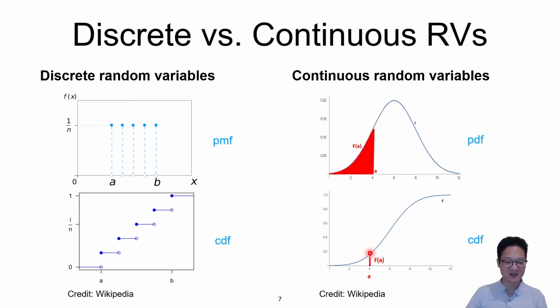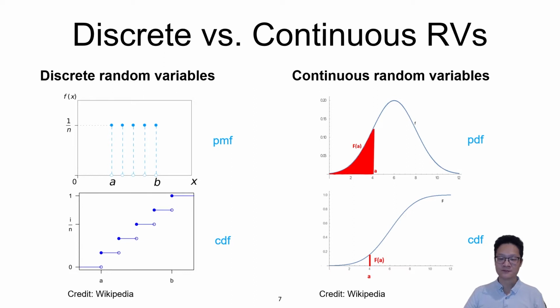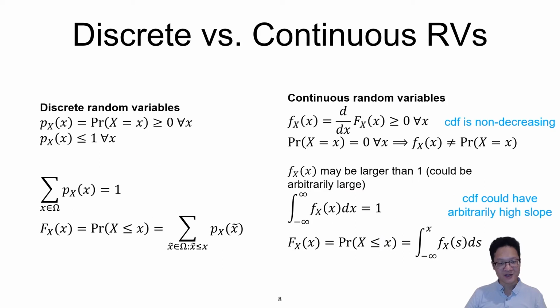So this is the probability that the random variable takes on a value less than or equal to a. Because the area underneath here is the value down here, that means that the derivative of this function must be the value of the PDF. So that's what we had here. Okay, let's continue.